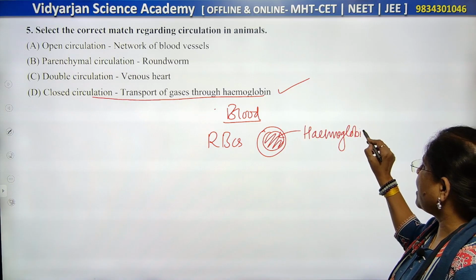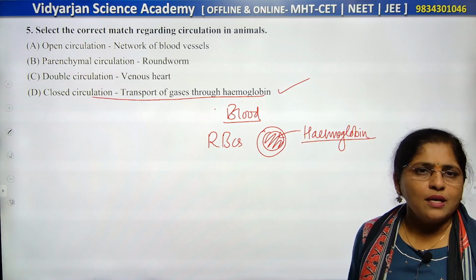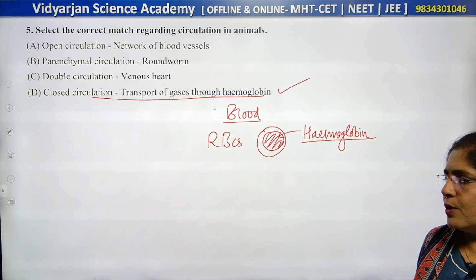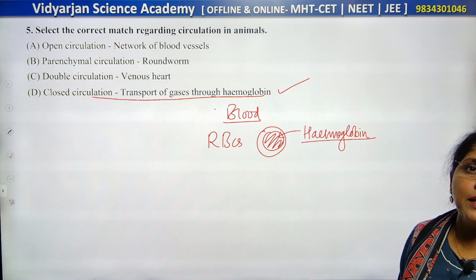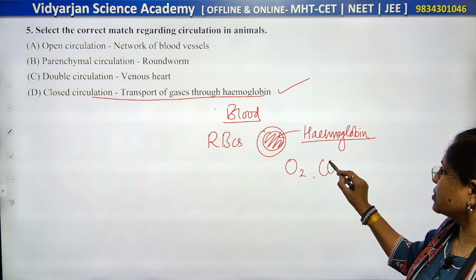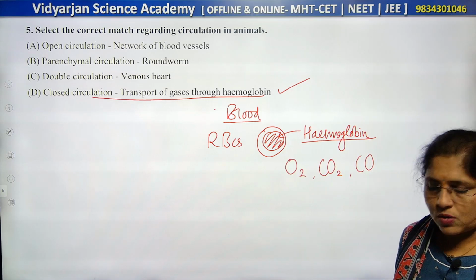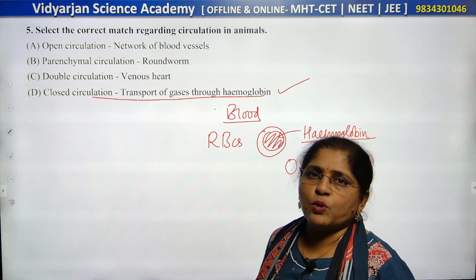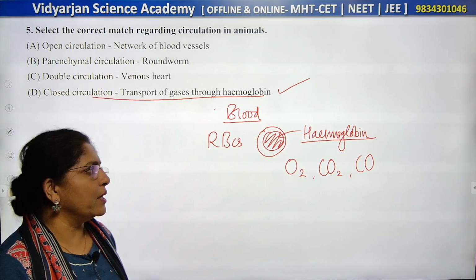Hemoglobin has iron, and it acts as a respiratory pigment. It has affinity towards oxygen, towards carbon dioxide, and even carbon monoxide. Rather, carbon monoxide shows more affinity towards hemoglobin, right?